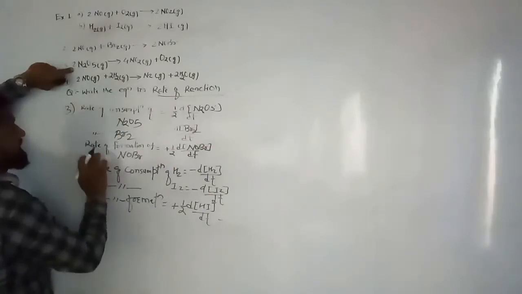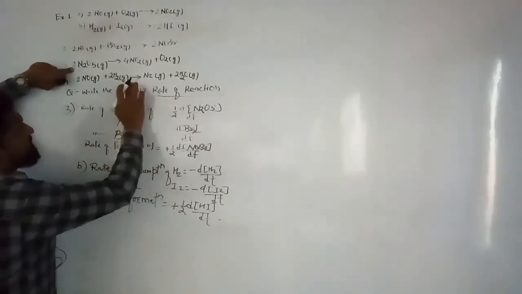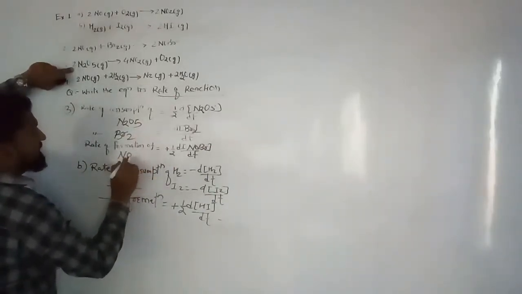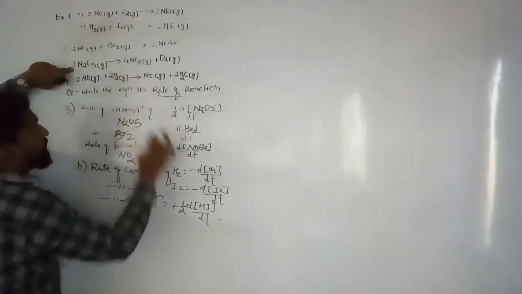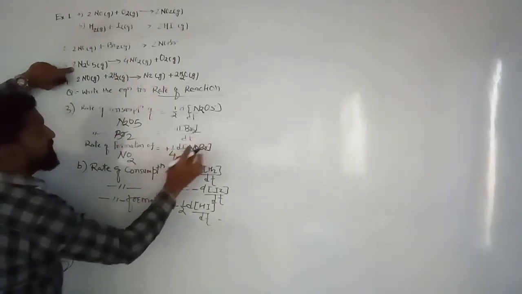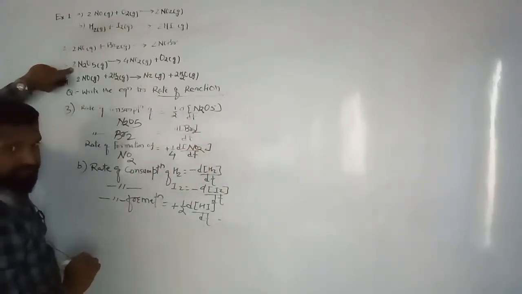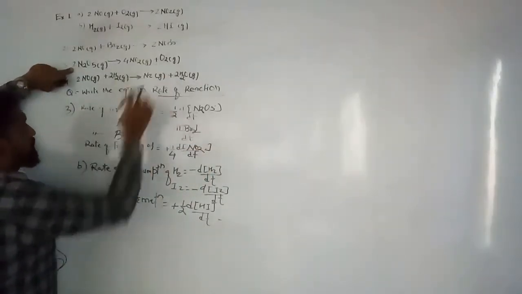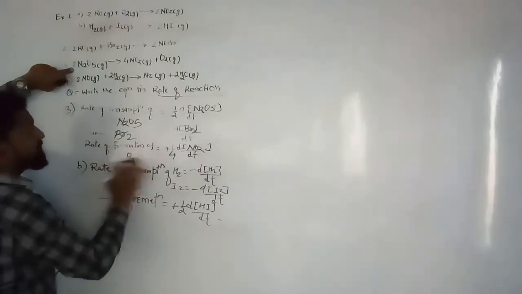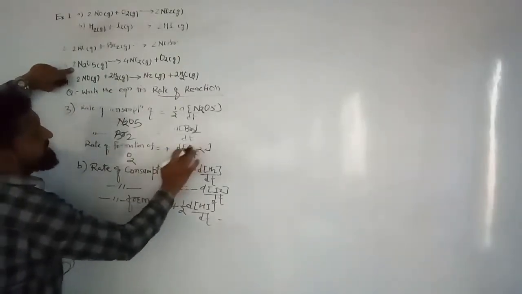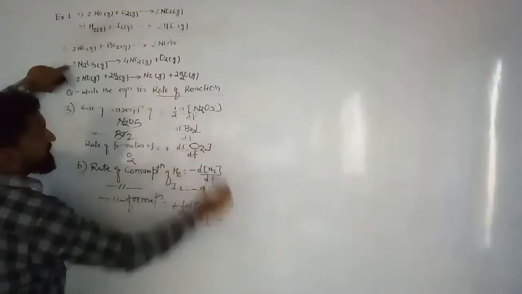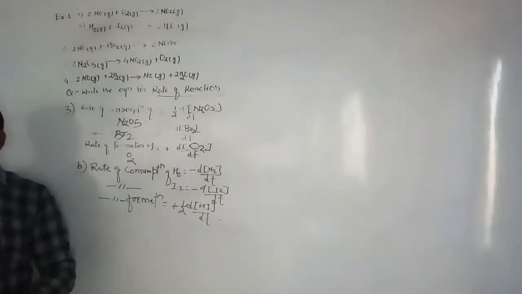After that, rate of formation of NO2, exactly, it will be 4, therefore 1 by 4 d[NO2] upon dt. After that O2, so rate of formation of simply O2 will be d[O2] upon dt. So by using the same theory you can write the rate expression for all of them.